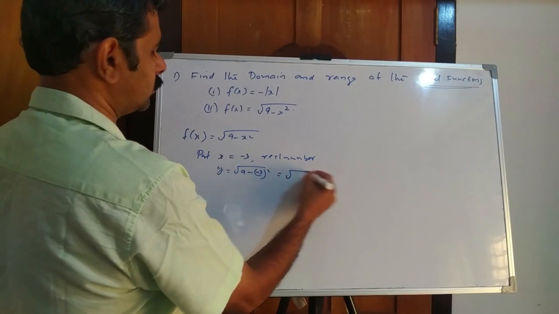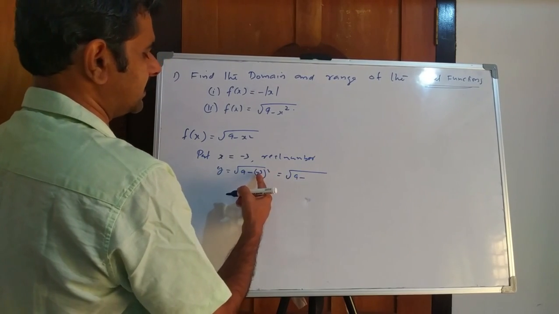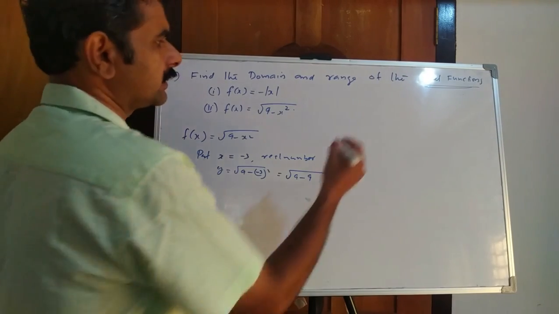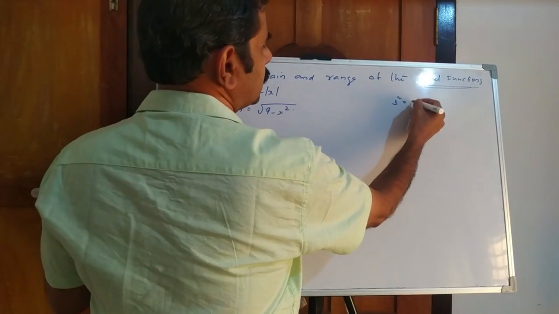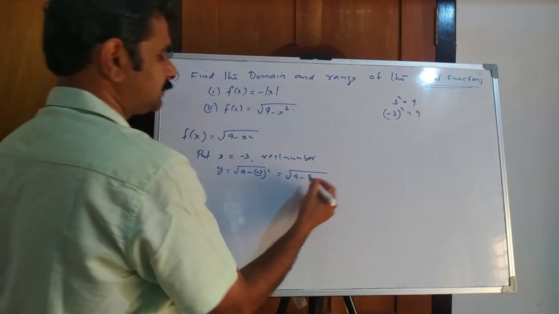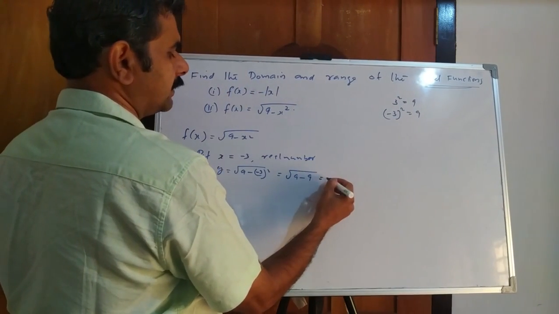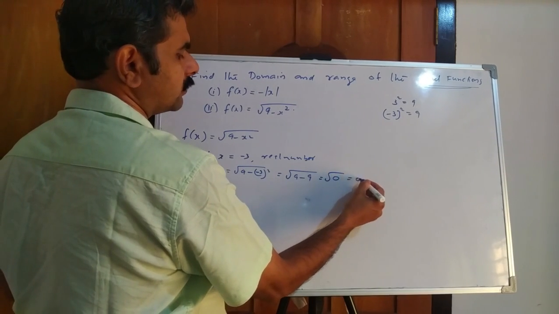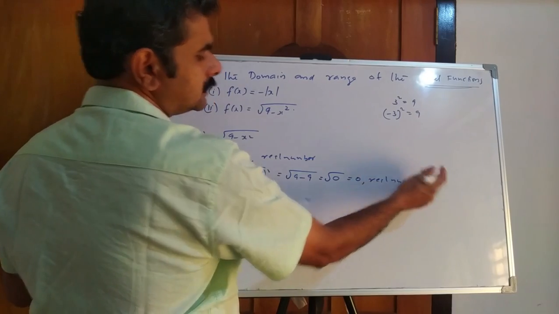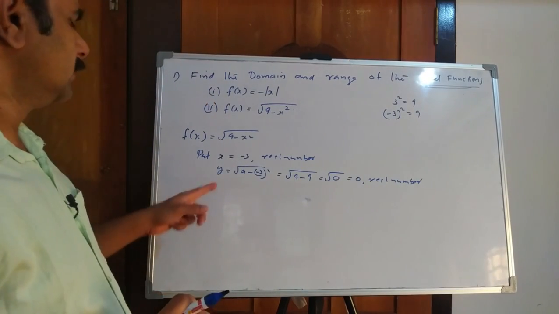That is equal to root of 9 minus 9, because 3 square is 9, and minus 3 square is also 9. Then what is 9 minus 9? 0. Root of 0 is 0, a real number.